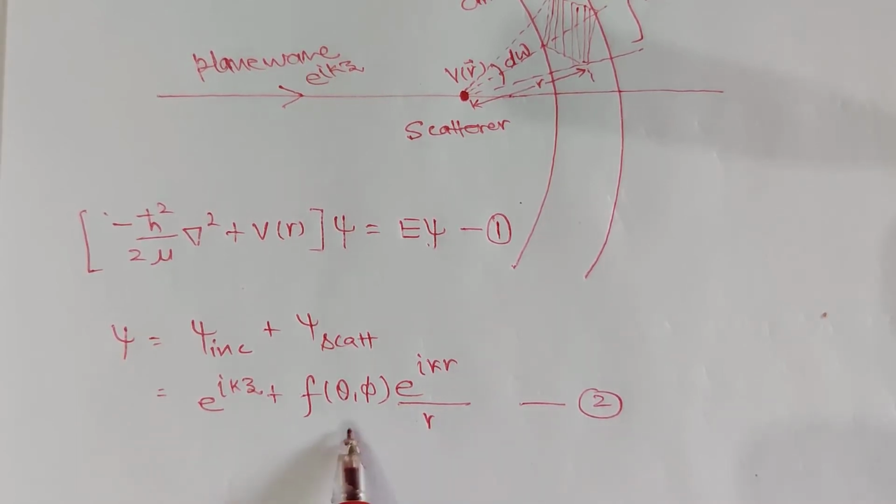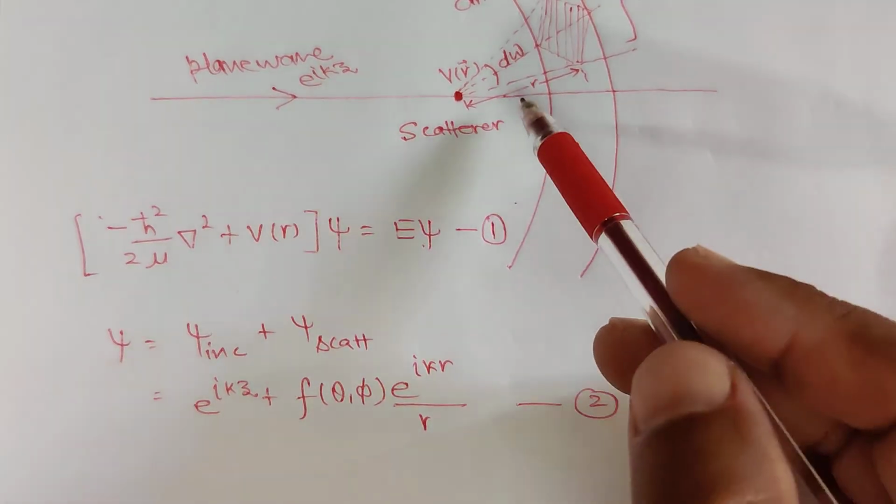Here f(theta, phi) is independent of r and is known as the scattering amplitude. The intensity of the scattered spherical wave decreases with r, that is the distance from the scattering center. This is r.